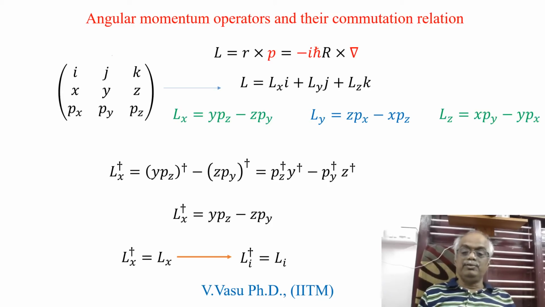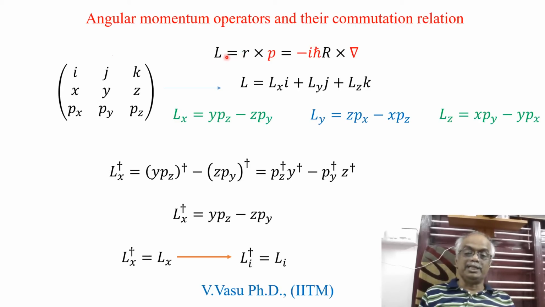And today we will see in detail the angular momentum operators and their commutation relations. By definition, in classical mechanics, angular momentum is defined as the cross product of R and P, that is R cross P. Same thing in quantum mechanics, it is replaced by their respective operators, that is the position operator R and the momentum operator, which is minus i h cross del.